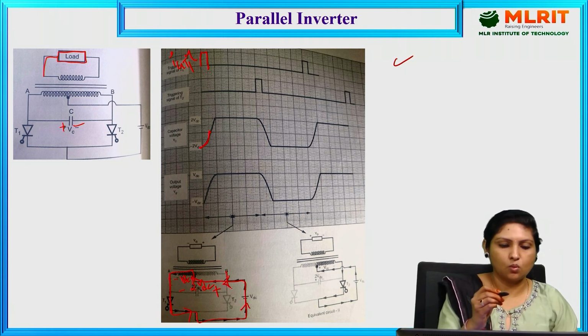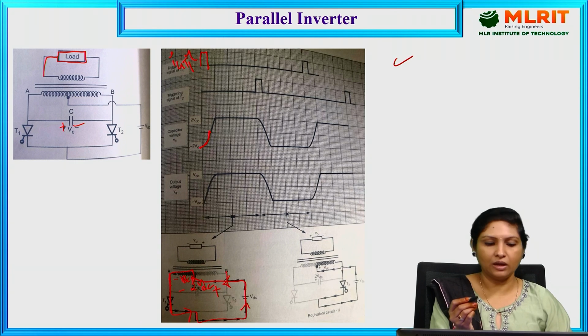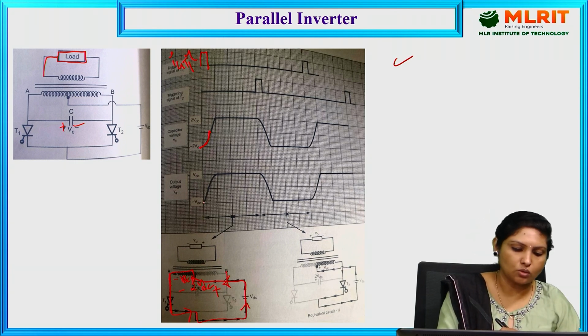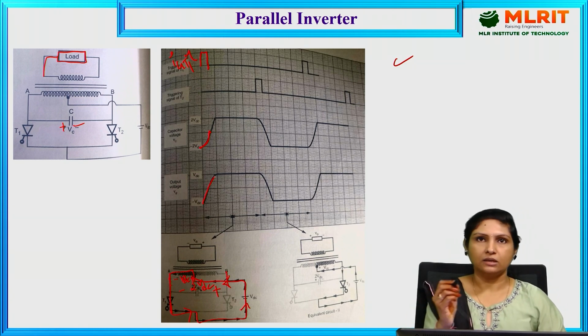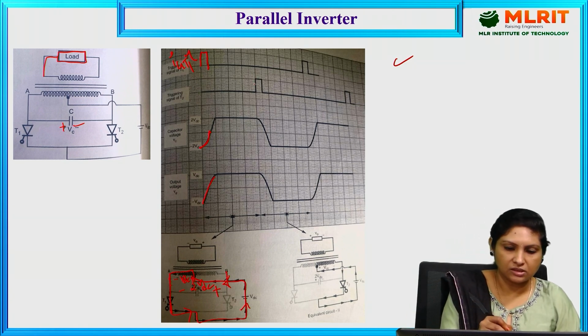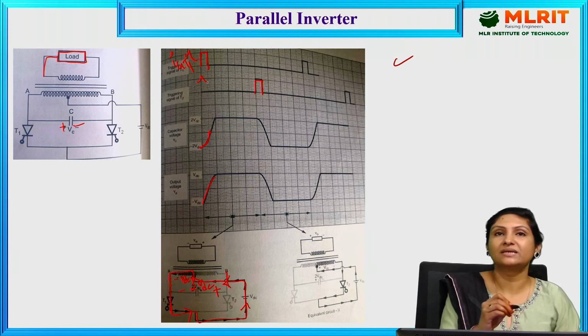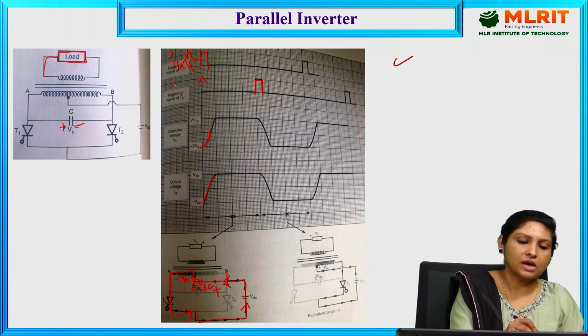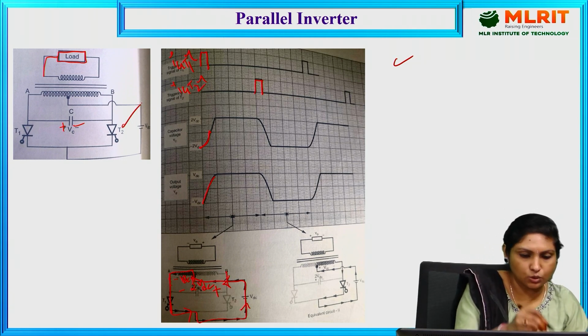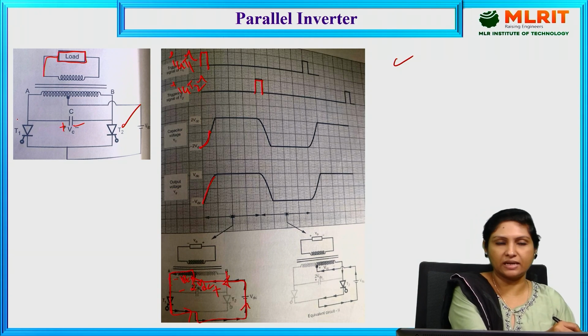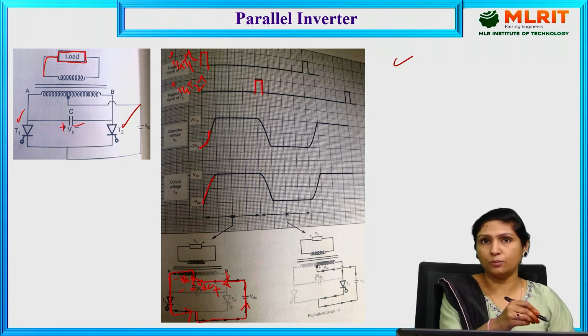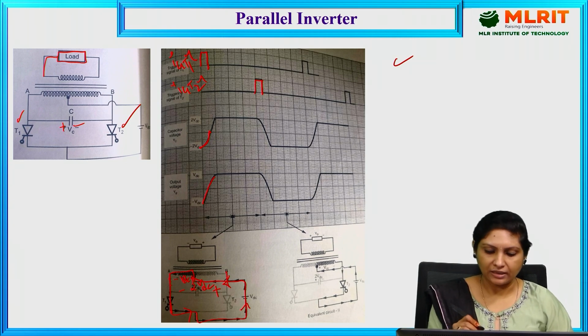Current starts flowing, and that is how the output voltage starts appearing across the load. And the moment it reaches this instant, we provide the triggering pulse IGT2 for thyristor 2. Previously thyristor 1 conducted, and now we are providing the triggering pulse for thyristor 2 at that instant.